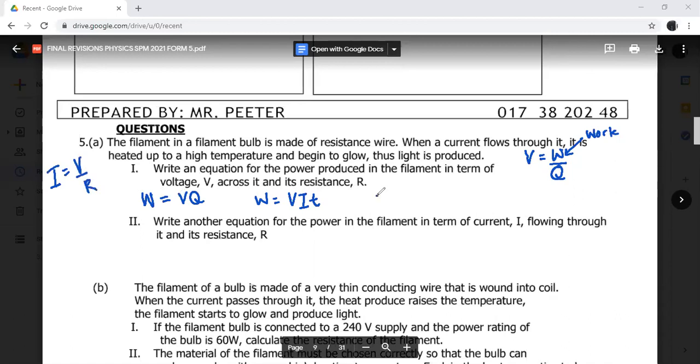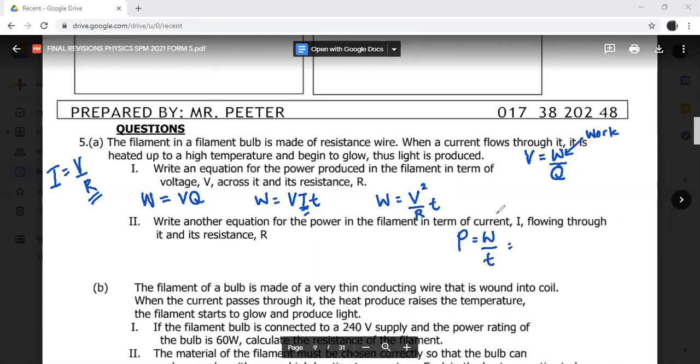So W should be V square over R times T, because I changed the I to V over R. So what is power? Power should be the amount of work energy over time.